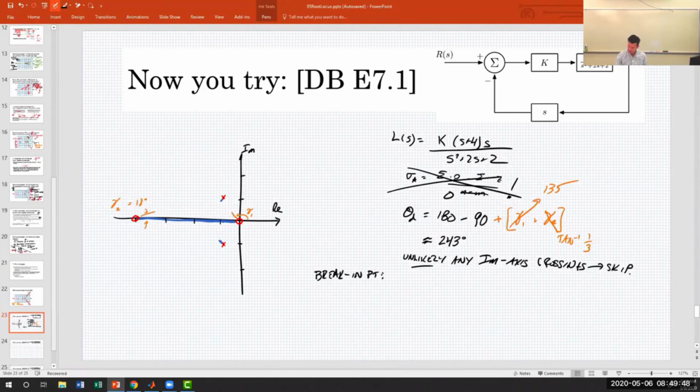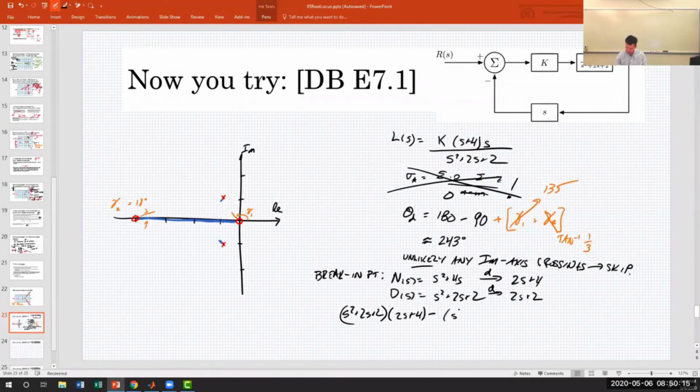Break-in point. For this one, we need to identify the numerator of the open loop transfer function, which is s squared plus 4s, and the denominator, which is s squared plus 2s plus 2. Then if we differentiate these, we get 2s plus 4 and 2s plus 2. And then we solve (s squared plus 2s plus 2) times (2s plus 4) minus (s squared plus 4s plus nothing) times (2s plus 2) equals 0.